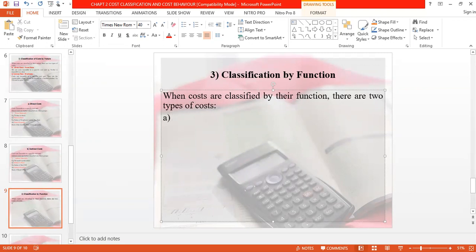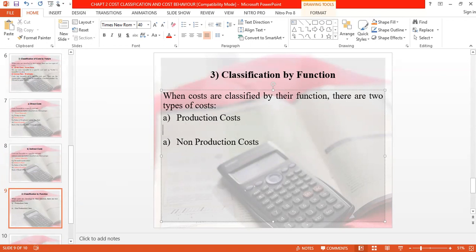A, we have what is called production costs, and B, we have what is called non-production costs. So when you classify costs by their function, these costs can either be production costs or non-production costs.